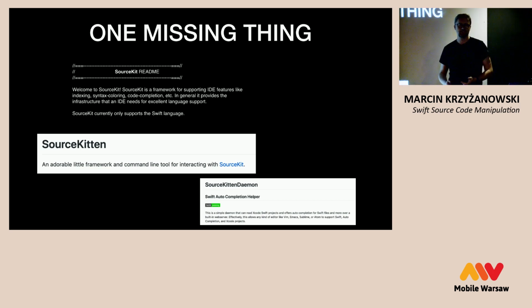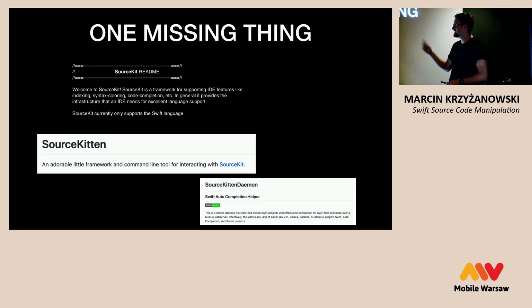SourceKit. It's the SourceKit that crashed in Xcode. Yeah, that's the real thing. This is the Swift project, a tool in the Swift compiler project. We can use that. However, it's very difficult to use it directly.